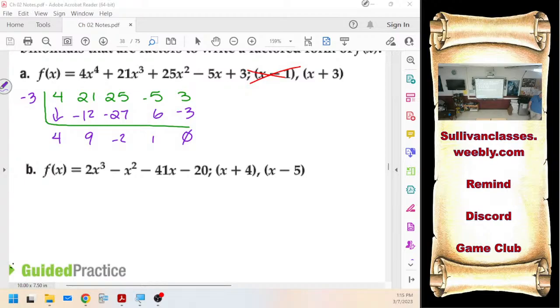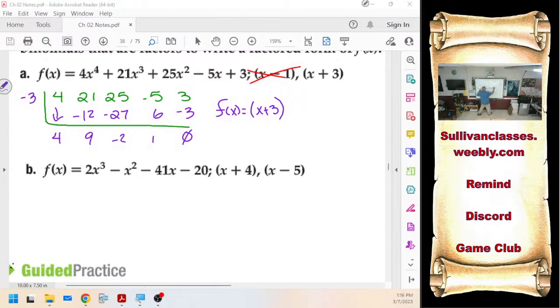Okay. If we have 0 as a remainder, that means this is a factor. If this is a factor, then I can write this as f of x is x plus 3 times what? Just like when I was dividing 30 by all that stuff, I can rewrite it as its factors. I took a quartic, dividing it by linear.